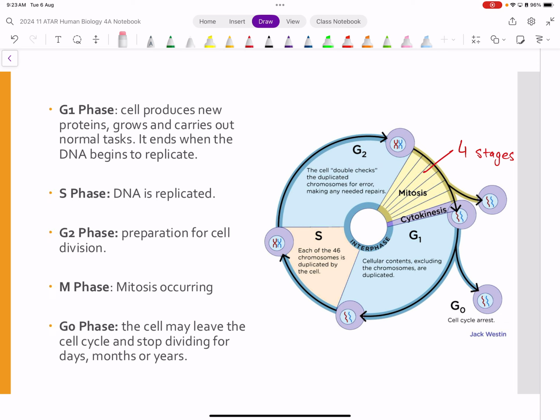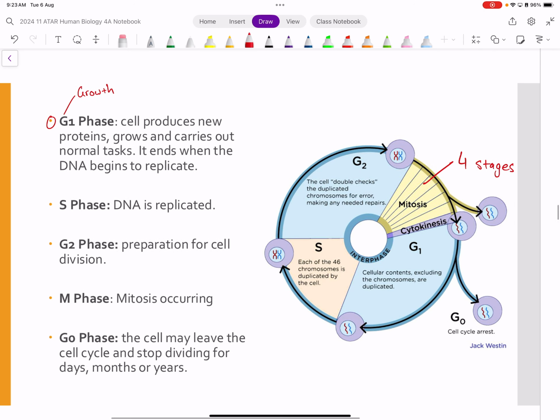So let's start up the top and talk about G1. What does the G stand for in each of these stages? It stands for growth. It is growth phase 1, G1. During growth, the cell produces new proteins, the cell grows, and the cell just exists.